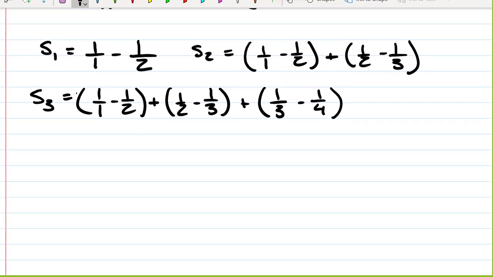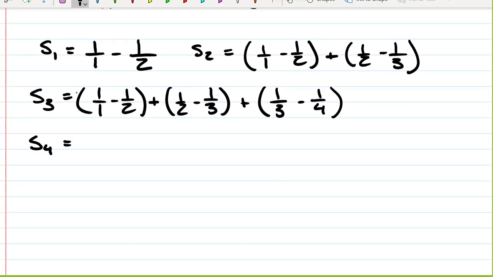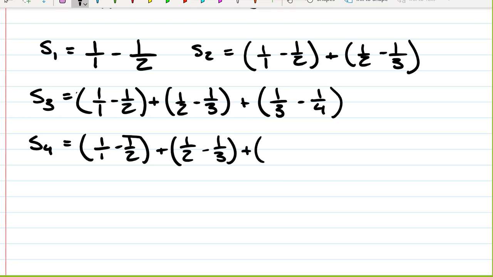If I write out one more, S sub 4 is going to be those same first three terms, 1 over 2 minus 1 over 3 plus 1 over 3 minus 1 over 4 plus 1 over 4 minus 1 over 5.